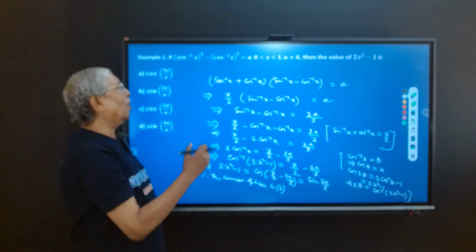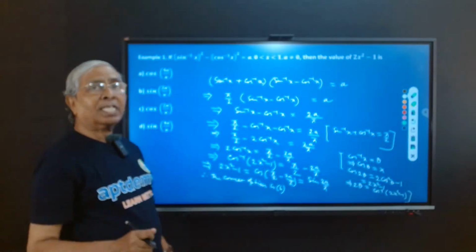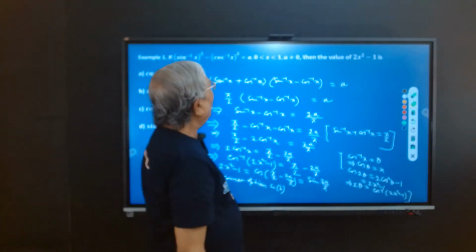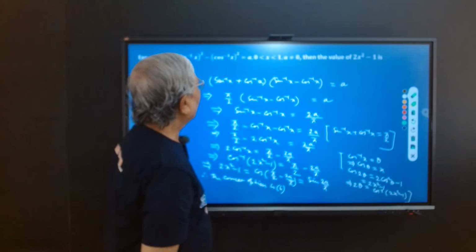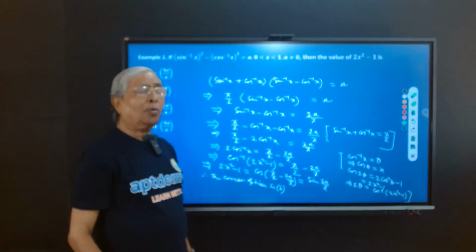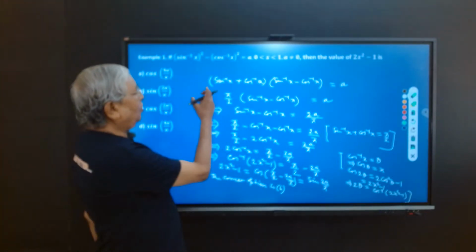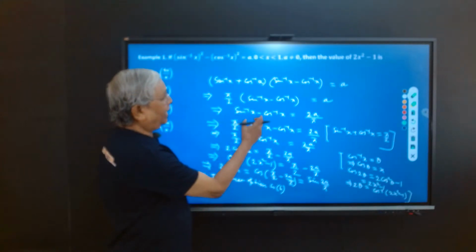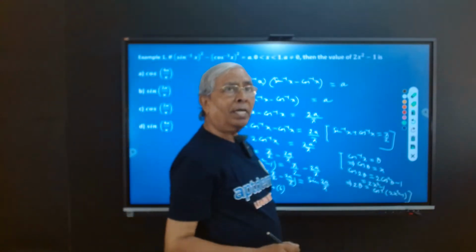Again I will explain this problem. You are given (sin inverse x minus cos inverse x) whole square equals a. Now break it out with the help of the a plus b, a minus b formula. Now put here sin inverse x plus cos inverse x equal to pi by 2. Then sin inverse x minus cos inverse x equals 2a by pi.